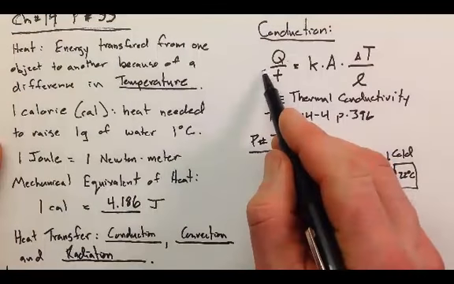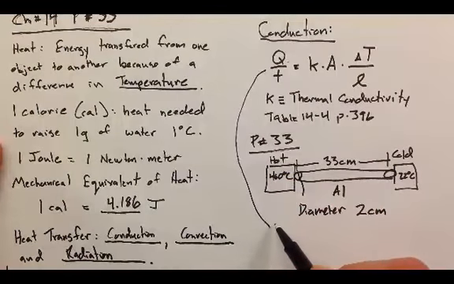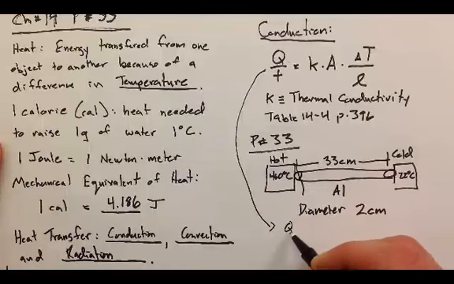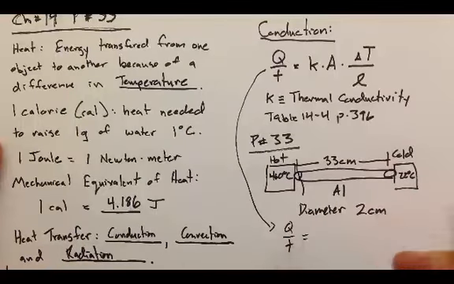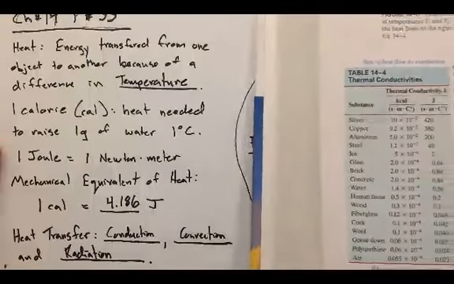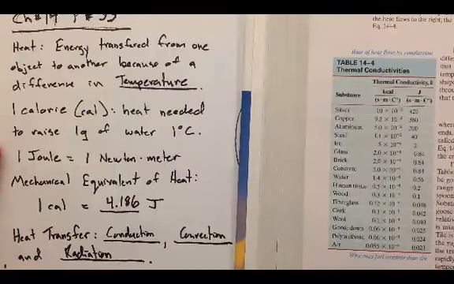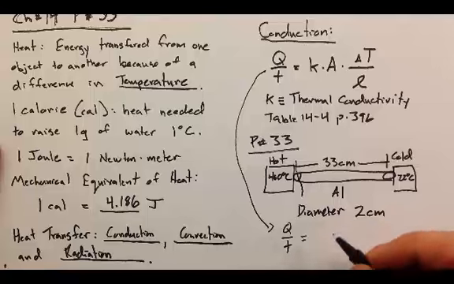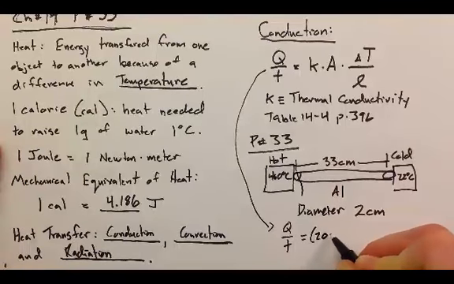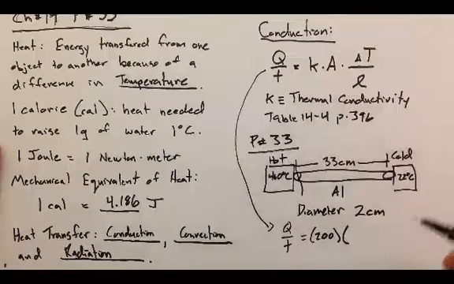So I'm going to pull this equation down here and say Q over T is equal to K. Now we would look up the K value here for aluminum, which looks like about 200, times the area.